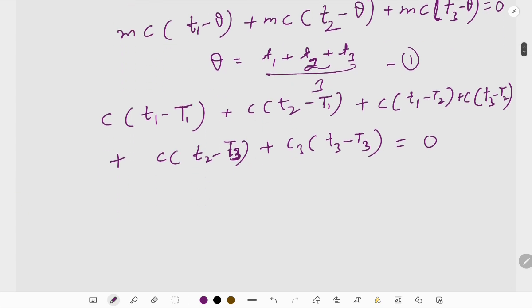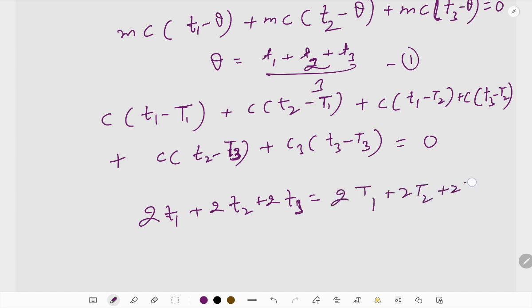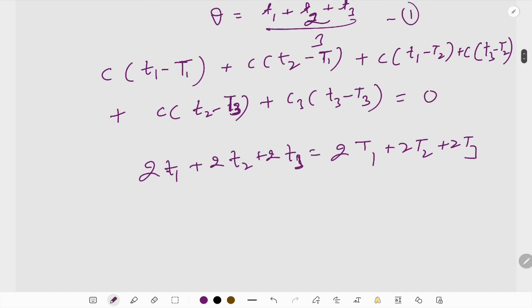And if you solve them, you will simply get 2T1 plus 2T2 plus 2T3 equals 2t1 plus 2t2 plus 2t3. Oh, it is simply T1 plus T2 plus T3 equal to t1 plus t2 plus t3. Okay, fine.